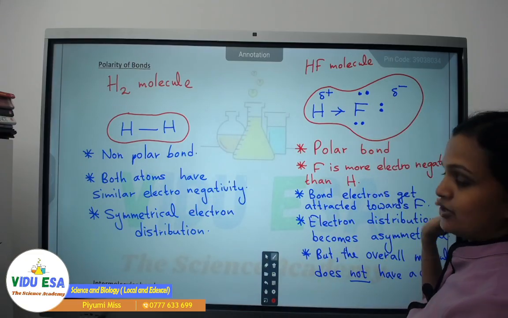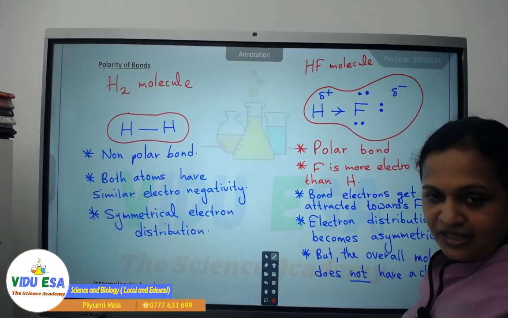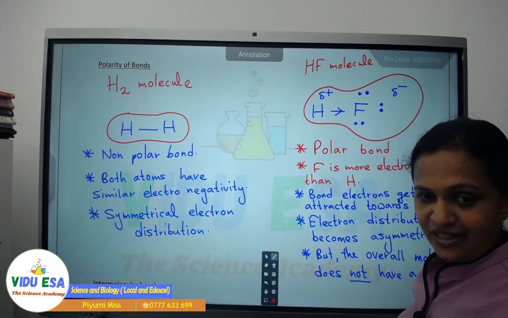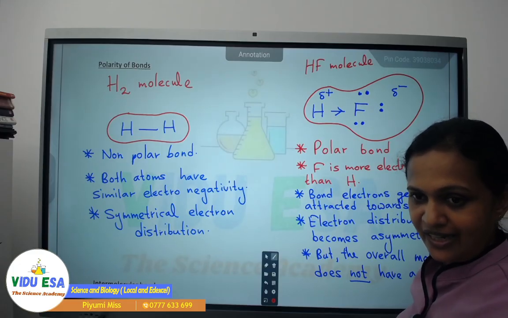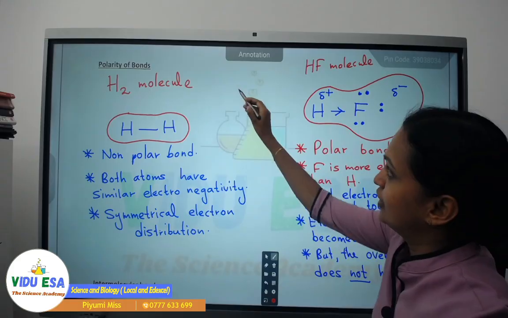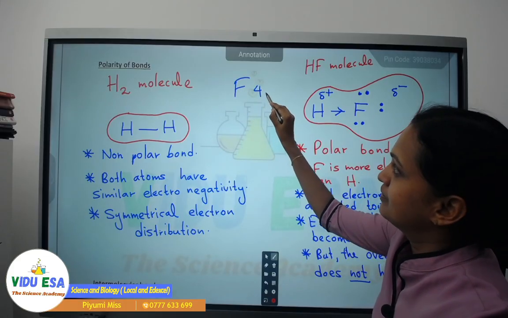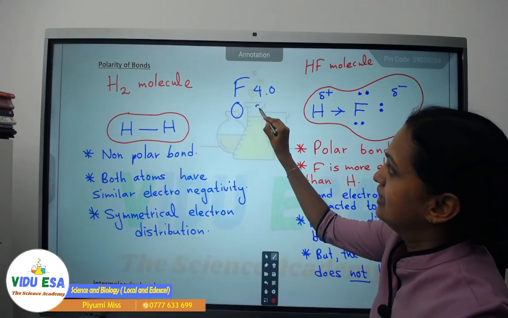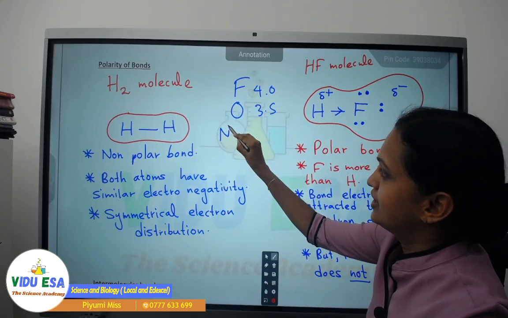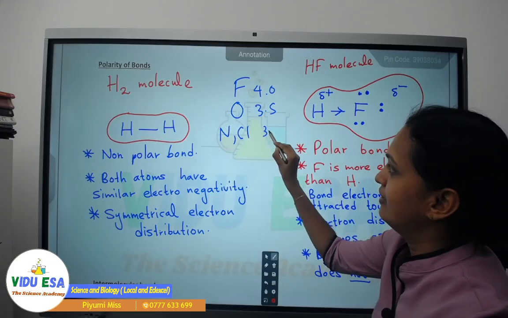But when it comes to HF, out of the elements that we learn, fluorine has the highest electronegativity according to the Pauling scale, right? For fluorine the value is 4. Then oxygen, 3.5. Nitrogen and chlorine have the value 3.